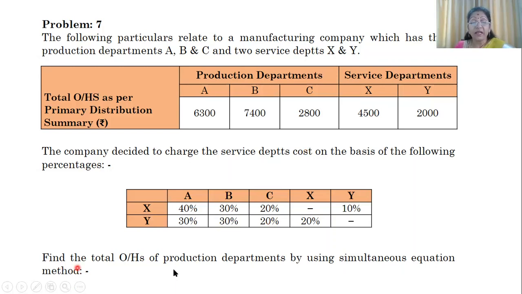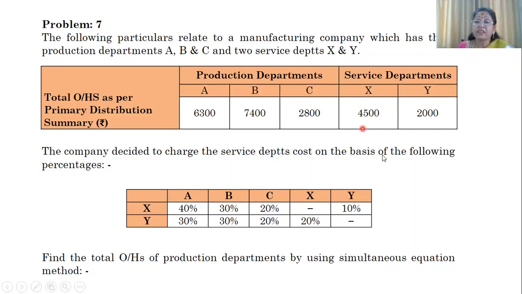Find out the total overheads of the production departments by using the simultaneous equation method. If the simultaneous equation method is given, we have to apportion these expenses second. First, we have to form the equation. According to this method, the total overhead cost of the service departments is ascertained with the help of simultaneous equations.